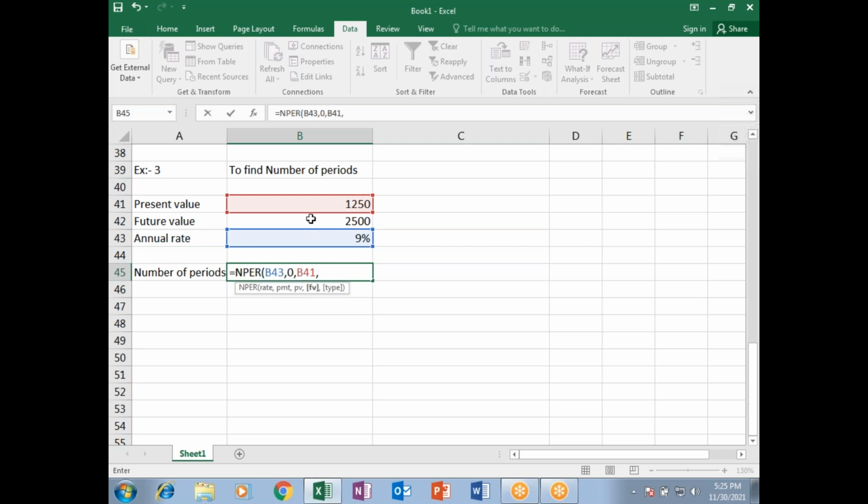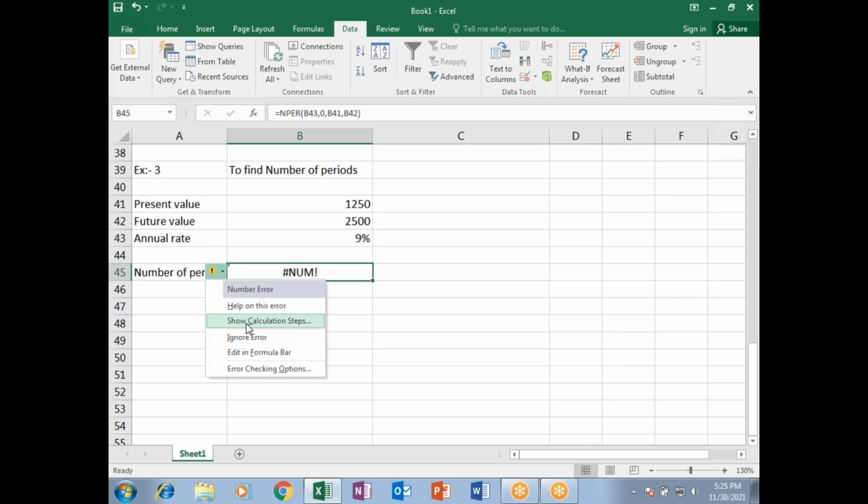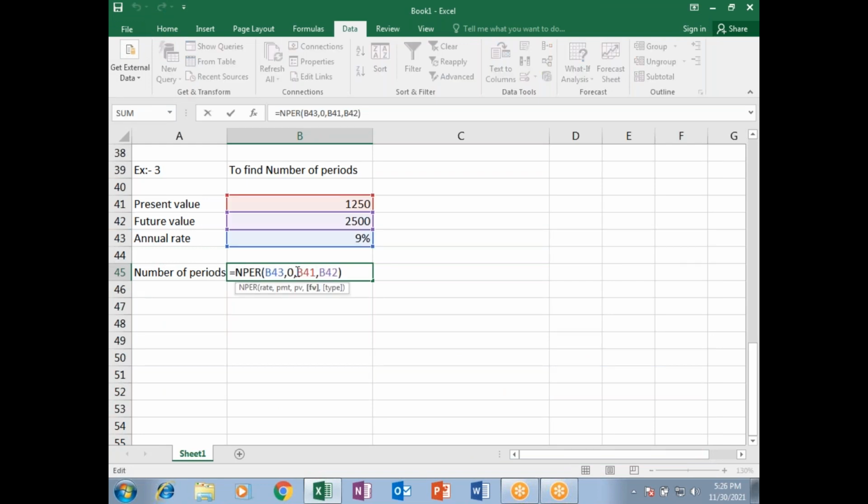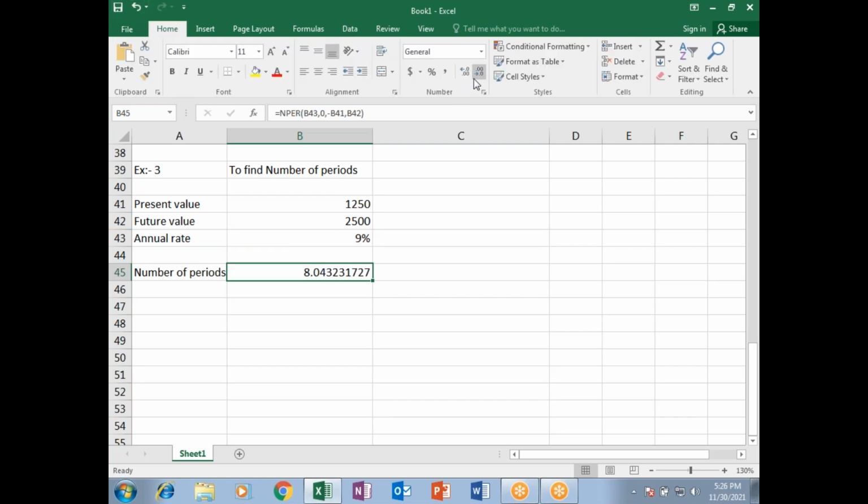Then you need to give the future value. Bracket close, enter. So I got 8.